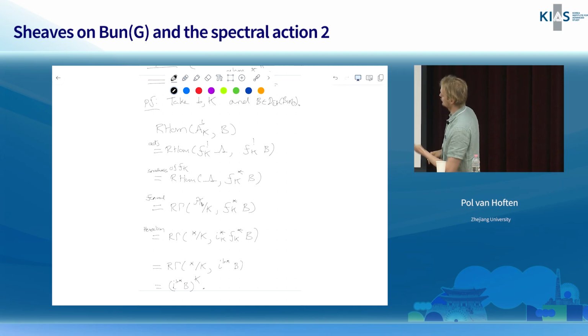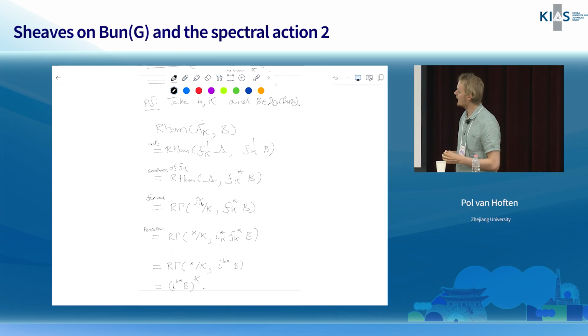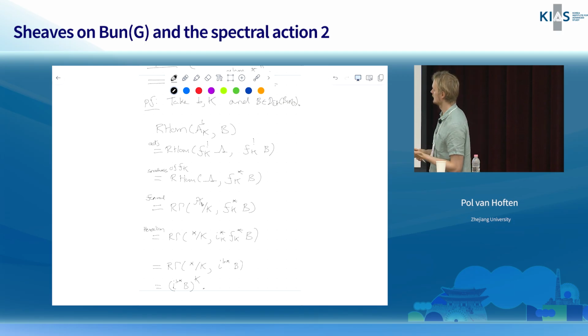And then I want to know that this commutes with colimits in B. So let's see what did I write about this. i_B upper star commutes with colimits because it's a left adjoint. And taking K invariants also commutes with colimits, basically because K is a nice thing.